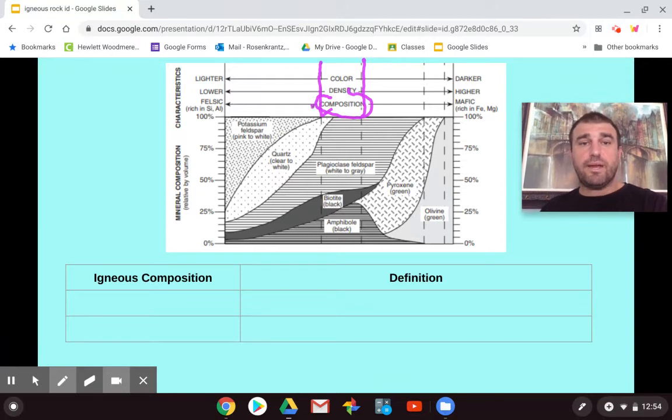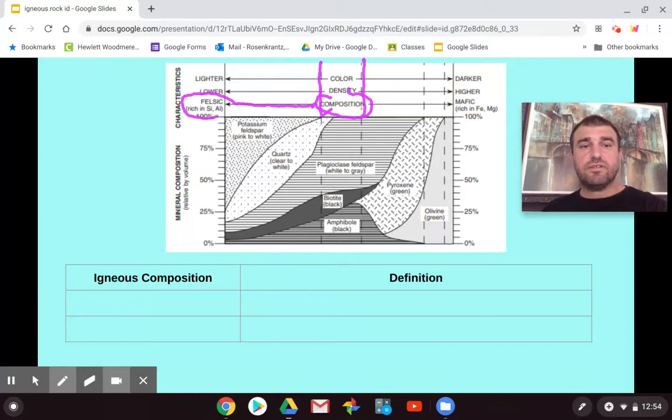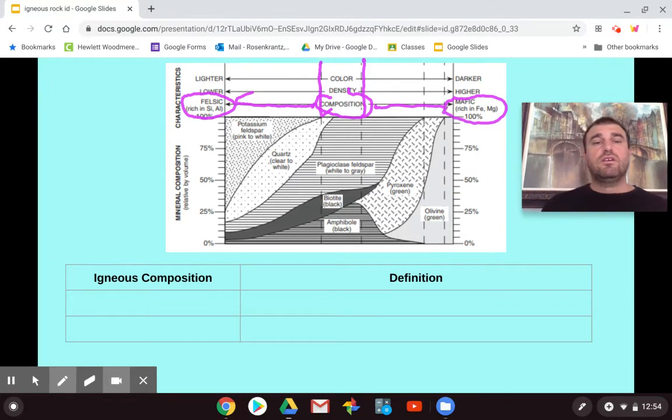You have two types. If I look all the way to the left, it says felsic. And if I look all the way to the right, it says mafic. So there's really two major kinds of chemical composition for igneous rock. We either classify it as felsic or mafic.